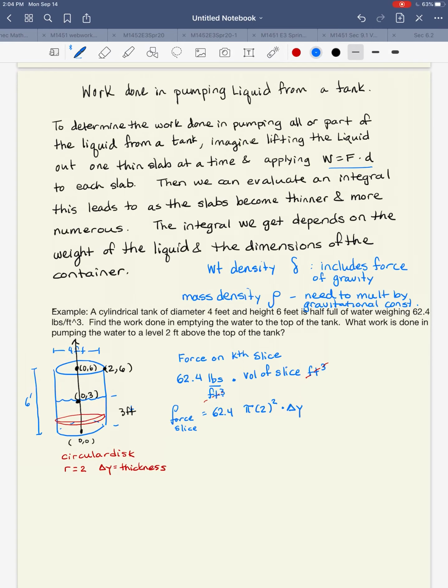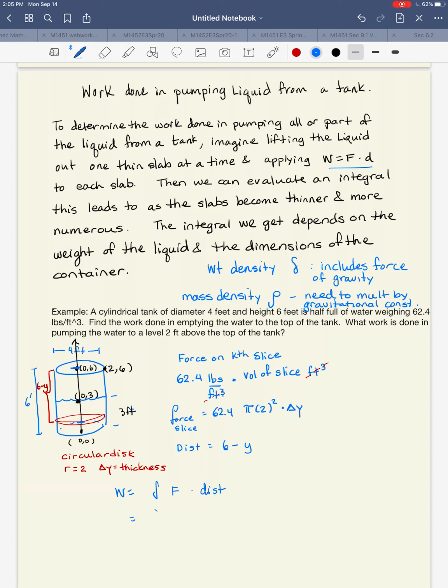Now we have to see where that slice has to move. I put it at some arbitrary y coordinate on here, and I have to take it to a y coordinate of y equals 6. So my claim is that the distance the slice has to move is 6 minus y. And now our work becomes an integral of the force times its distance.